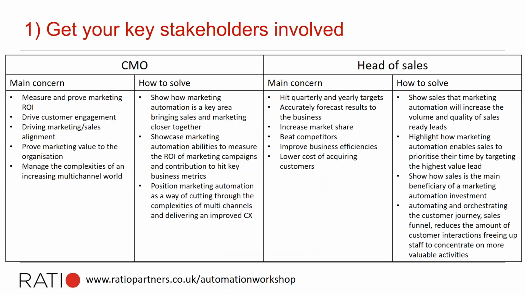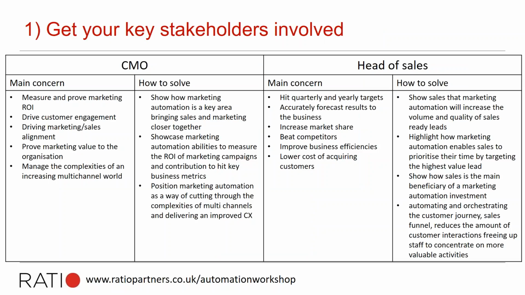So where to get started? Well, the first step, get your stakeholders involved. Getting your stakeholders involved in any marketing automation project is key to success, because marketing automation has the potential to impact a much wider section of your business, not just marketing. Your classic key stakeholders: IT, your CFO, your CEO.